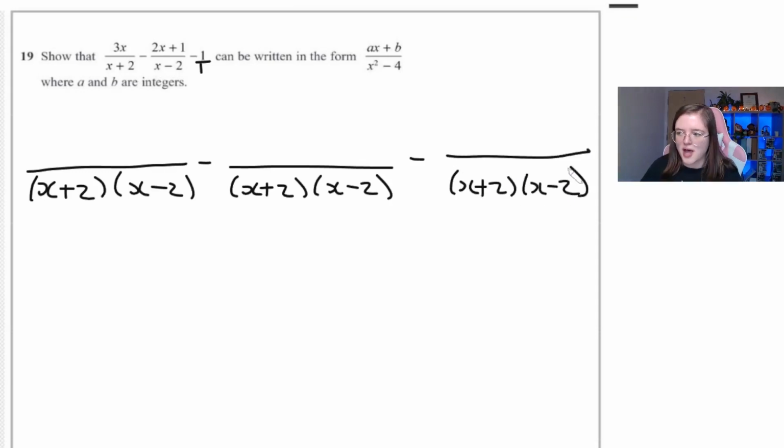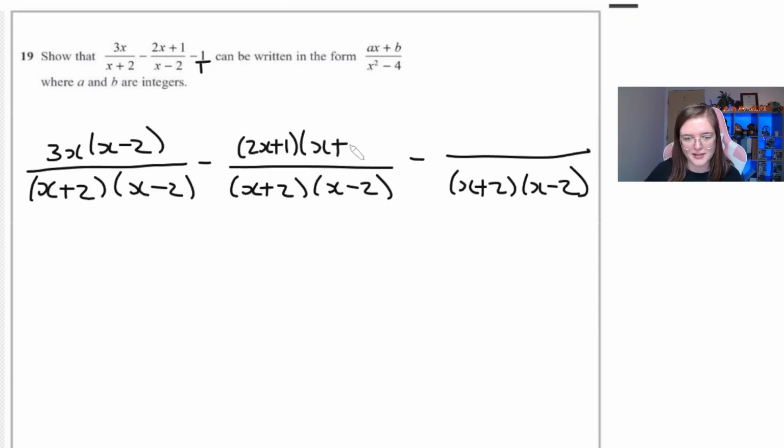Okay. And then I need to figure out what I've timesed the bottom by and times the top by the same thing. So 3x, I've timesed the bottom by x minus 2. So I'm also going to times the top by x minus 2. Okay. The middle one, I've timesed the bottom by x plus 2. So I'm going to times top by x plus 2, 2x plus 1, x plus 2.